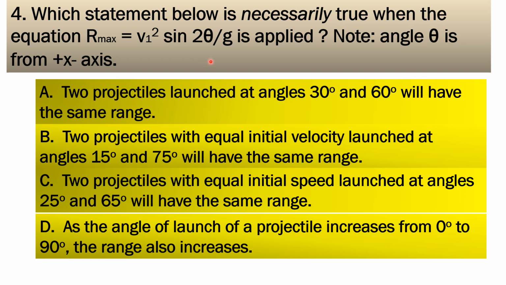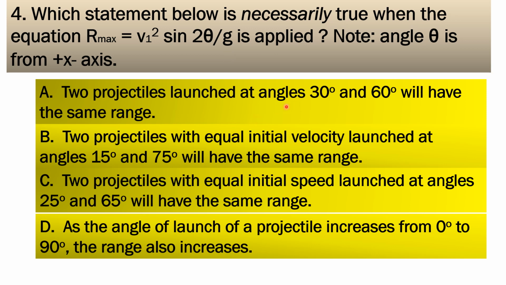In short, I'm sure you know this already, that if the two angles of projection are what we call complementary angles, complementary meaning if you add the two angles, their sum must be equal to 90 degrees. So the complementary angle of 30 degrees is of course 60 degrees.